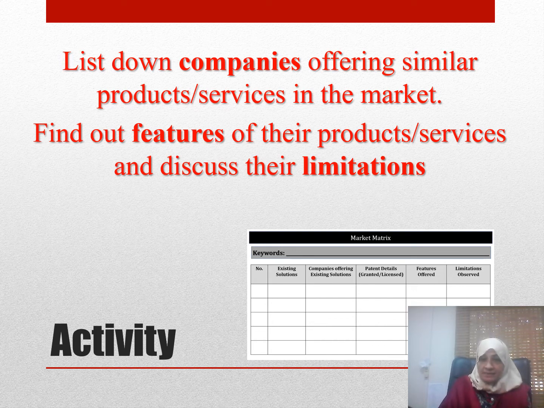From the databases in the library, from the company's website, from the case studies of these companies, maybe through Harvard Business Review, and even through Google Images and a simple Google search. All of these different sources would help you to gather the information and then consolidate it in the form of this market matrix.